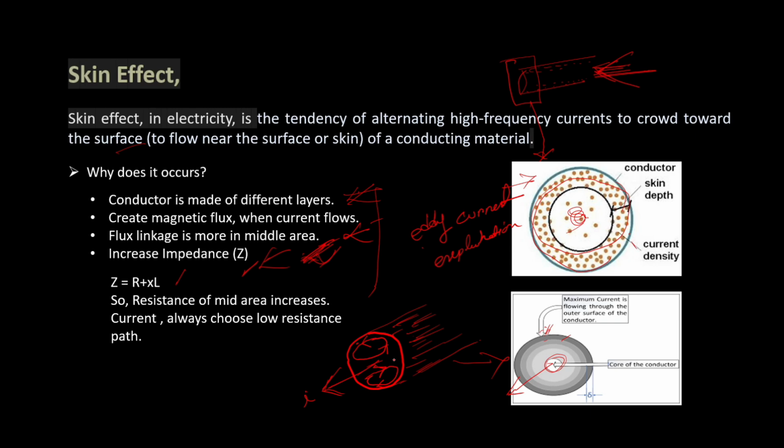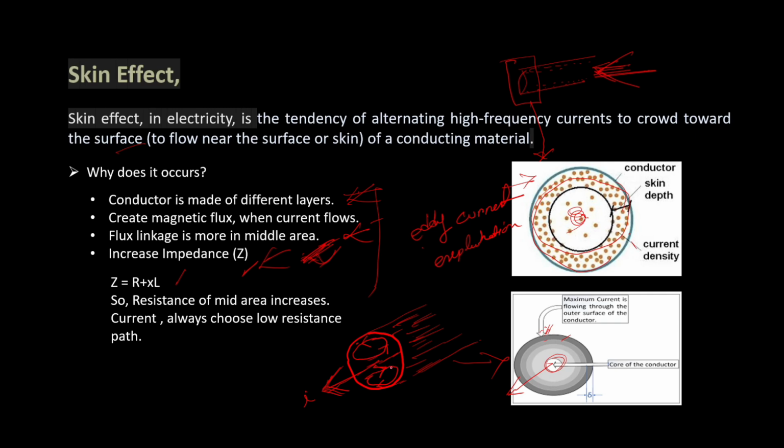So you can see here that when current is flowing through this direction, in the middle part, the eddy current is resisting this current direction. Eddy current is flowing in a different direction, this direction.